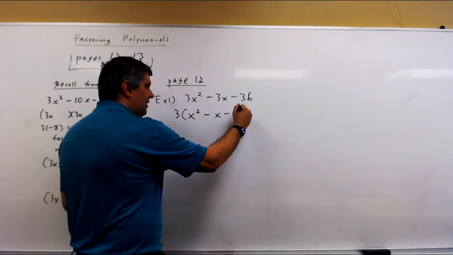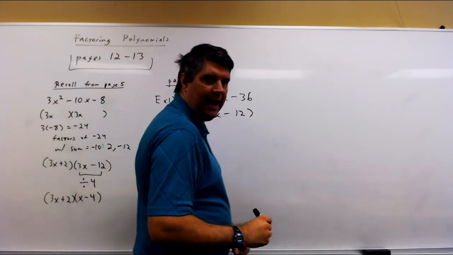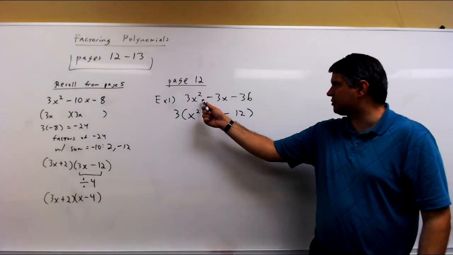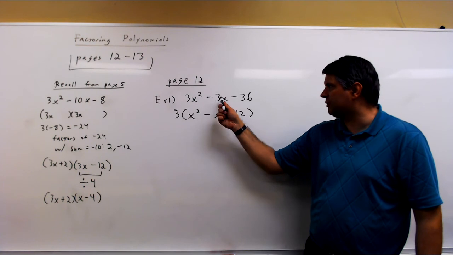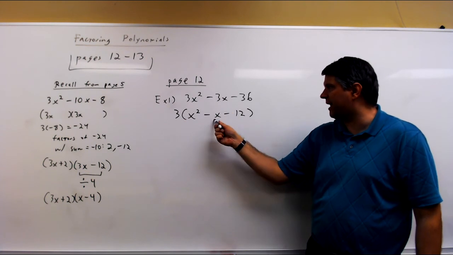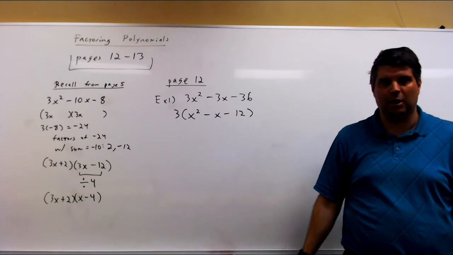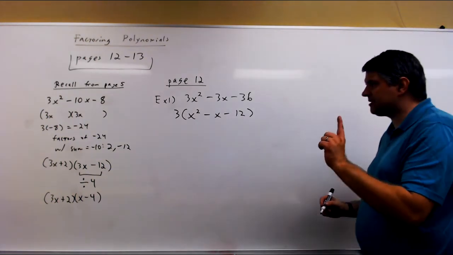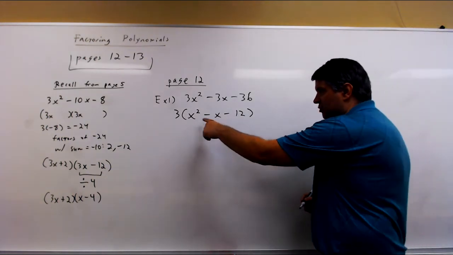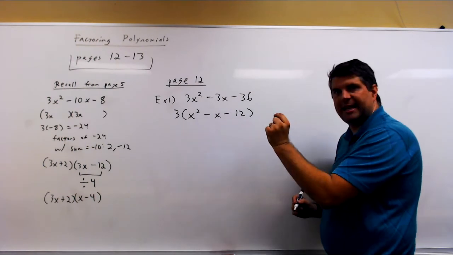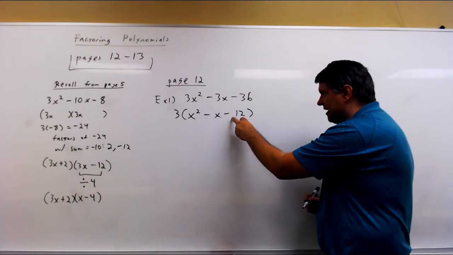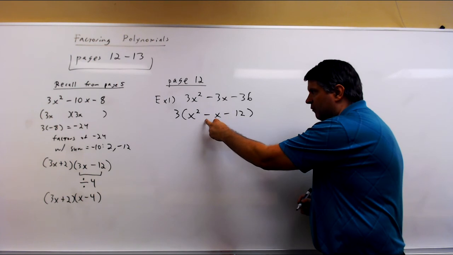So I'll divide everything by 3, and I end up with x squared. 3x squared divided by 3 was x squared, minus 3x divided by 3 was minus x. Negative 36 divided by 3 was negative 12. Now, because this is an x squared trinomial, I would see if I could come up with a pair of factors of negative 12 that add to negative 1.